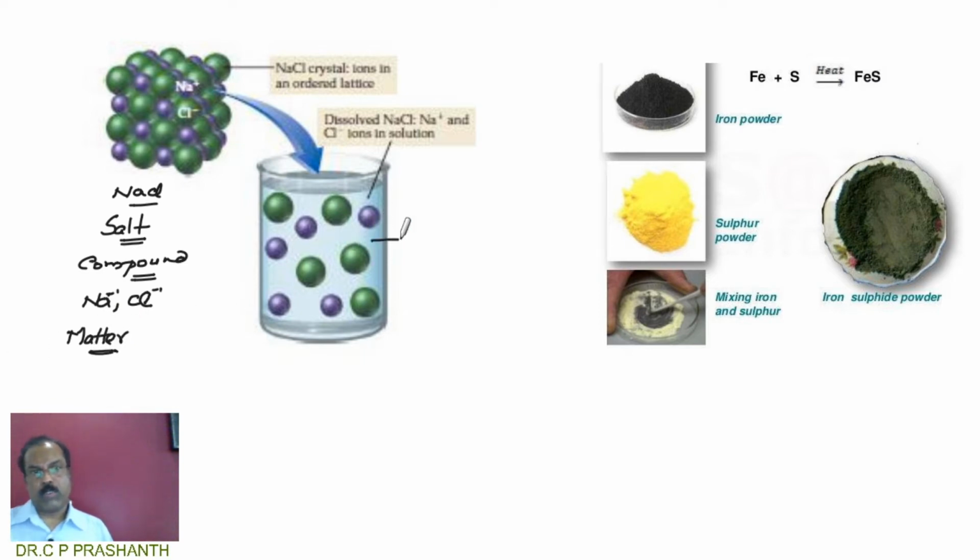Now we have taken some water in a beaker. You know that this also is a compound. And why is it a compound? Because this is made up of more than one kind of atoms. It's made up of hydrogen and oxygen.